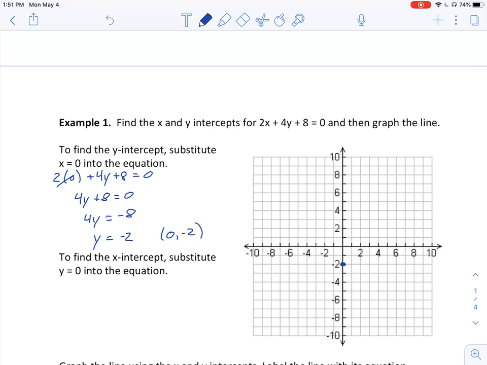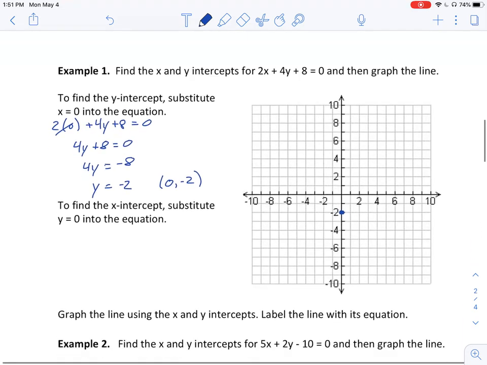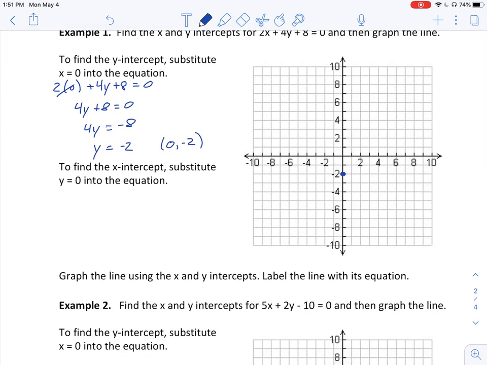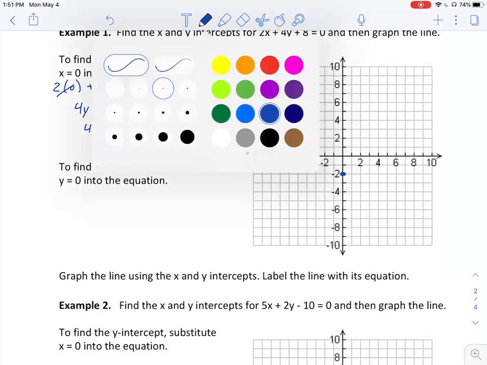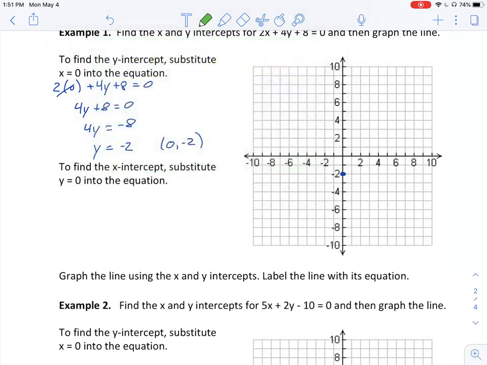Okay, found the y-intercept. To find the x-intercept, substitute y equals 0 into the equation. So again, when it touches the x-axis, we know that y is 0.